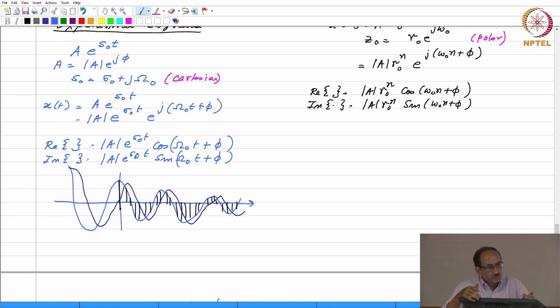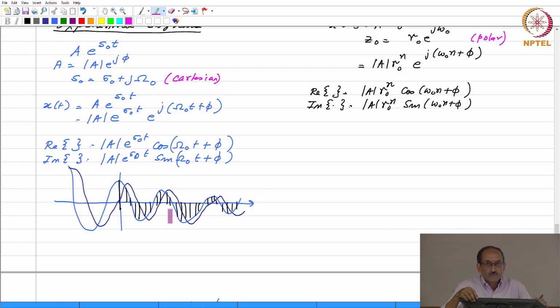So, just to make sure everything is in place, this is an everlasting exponential. So this goes from minus infinity to plus infinity, and if sigma naught were negative, for positive values of time the envelope will decay, whereas it will blow up for negative values of t. On the other hand, if sigma naught were positive, for positive values of t the envelope will be exponentially growing, whereas for negative values of t it will be decaying, and if sigma naught were 0 the envelope will be constant.